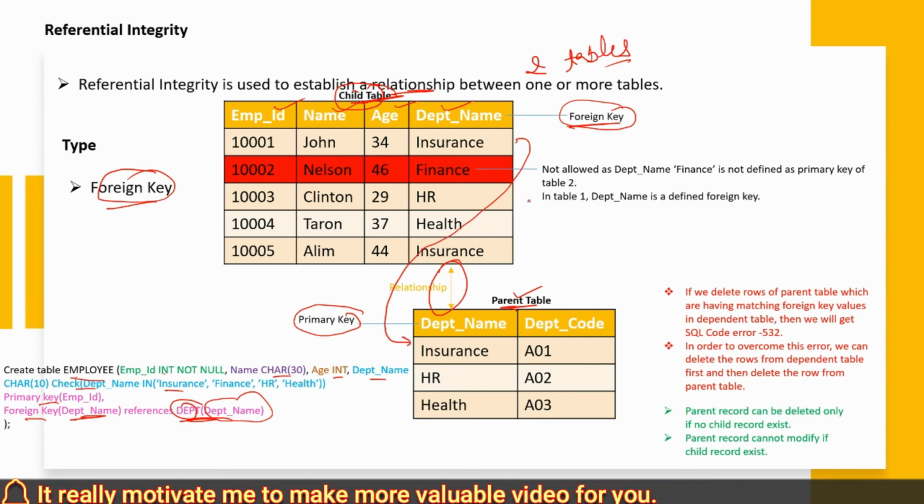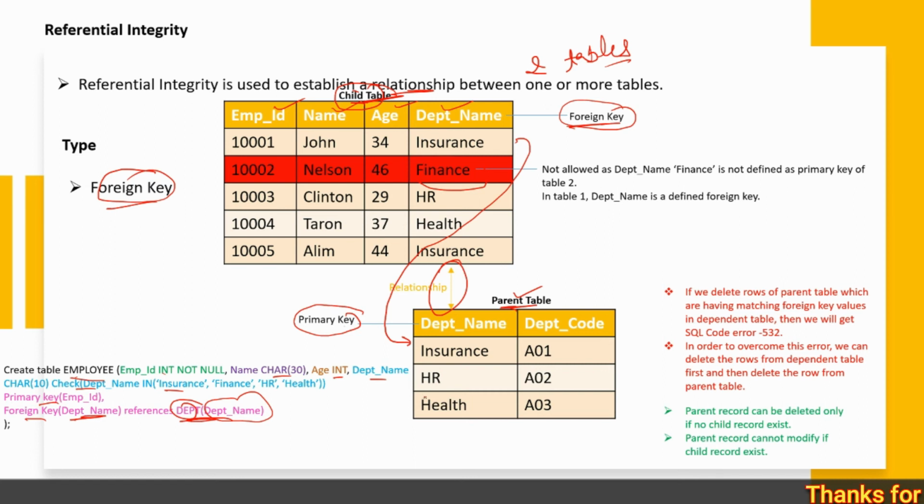Like insurance is available in this, yes. So insurance also, the first record is successfully inserted. But when we are going to insert the second record, you have seen it contains the finance department, but in the parent table finance department is not available.